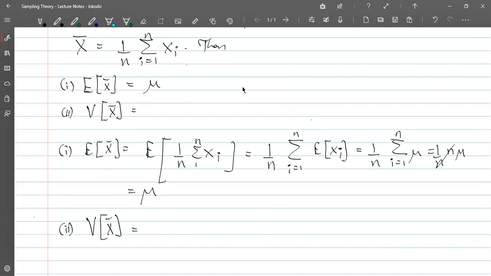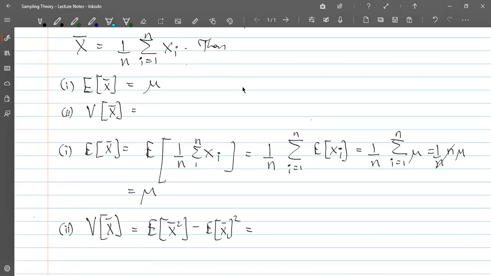Now, we can use the shortcut formula. So that tells us it is E of x bar square minus E of x bar the whole square.